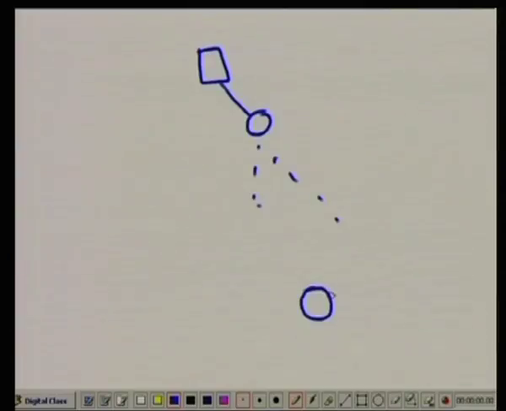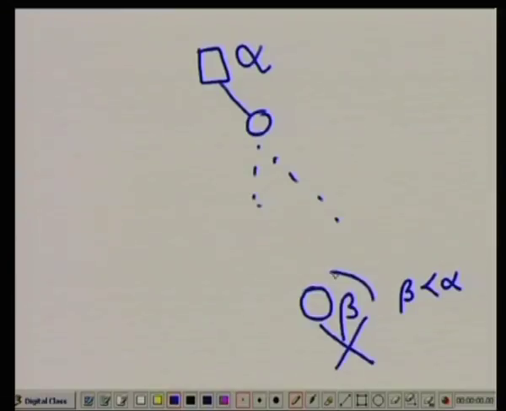Now, if this max ancestor has an alpha value equal to alpha and if this node has a beta value equal to beta, and if beta happens to be less than alpha, then max will never consider a move through this point. So, below this node, the rest of the node expansions can be cut off.